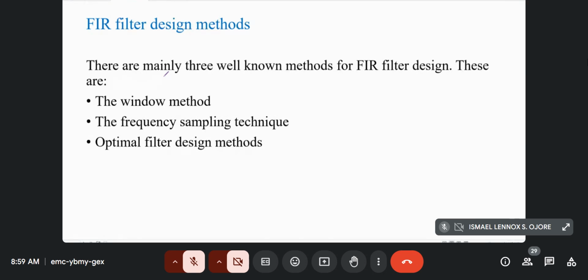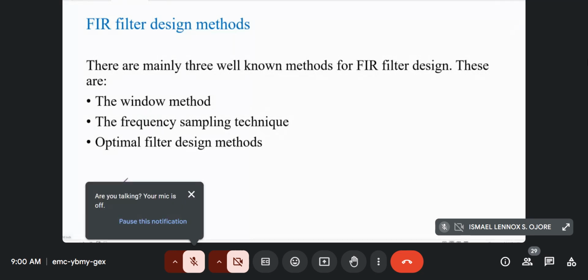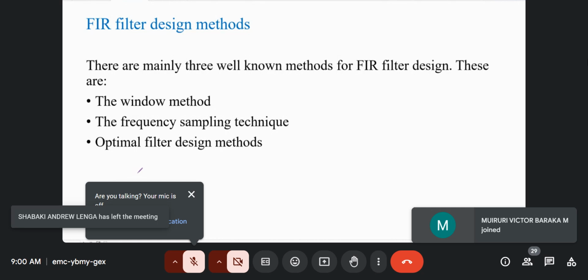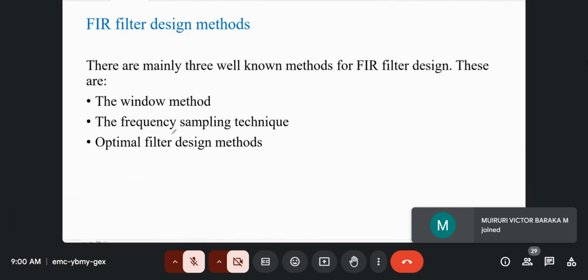You can get the DFT by frequency sampling the DTFT, and then you do the IDFT, and that will give you your h of n.